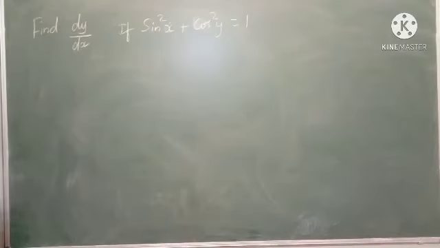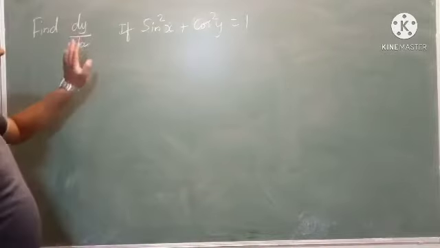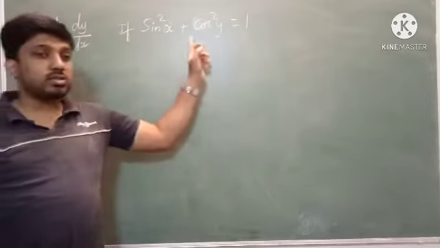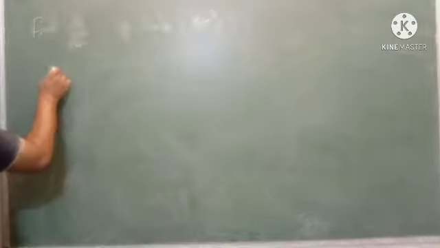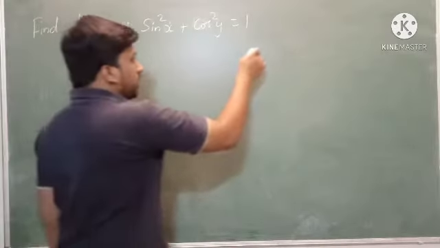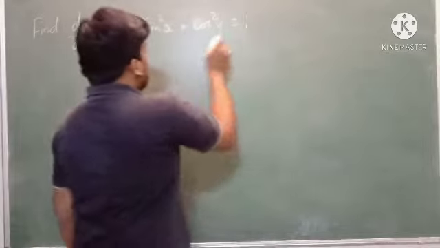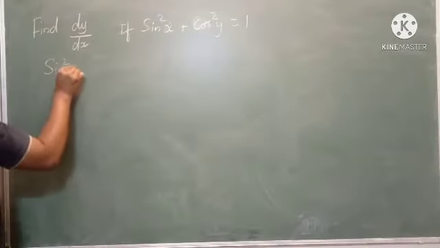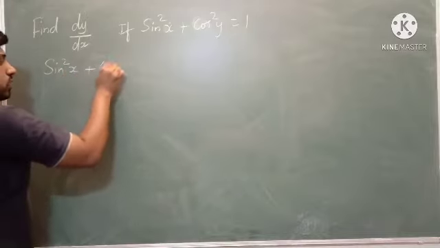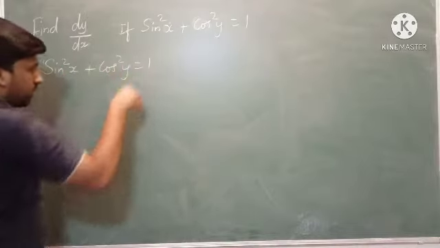Okay. The next question, they are asking us to find dy by dx if sin square x plus cos square y is equal to 1. Okay. So we are going to differentiate this. First of all, let us consider whatever they have given, that is sin square x plus cos square y is equal to 1.